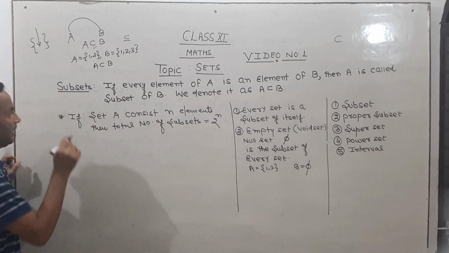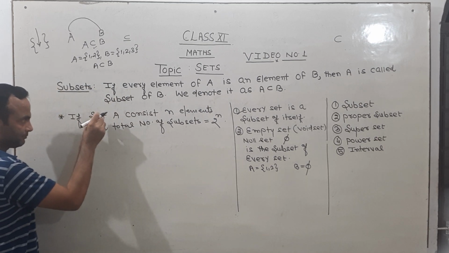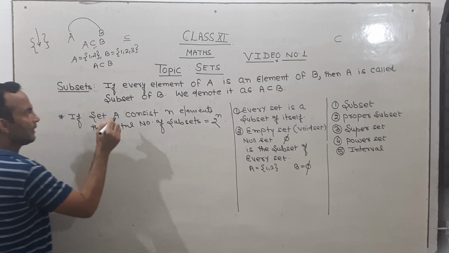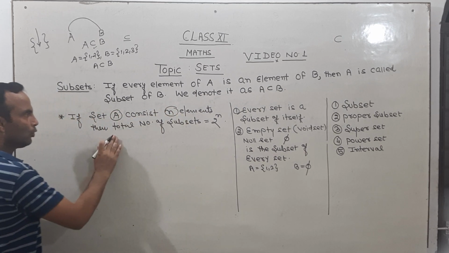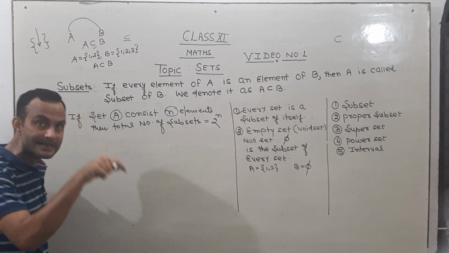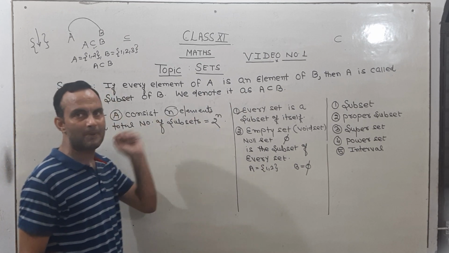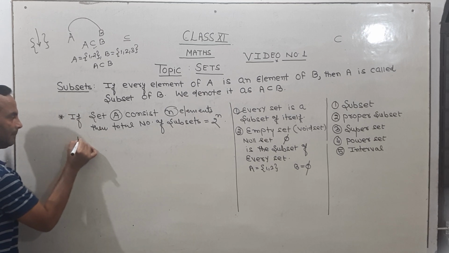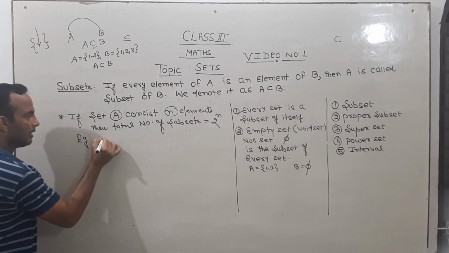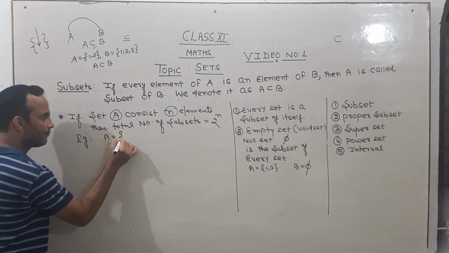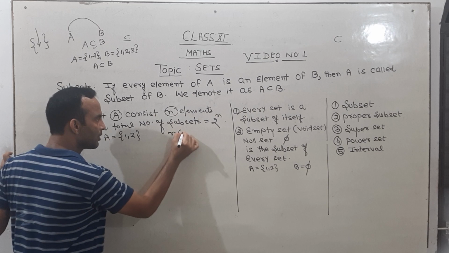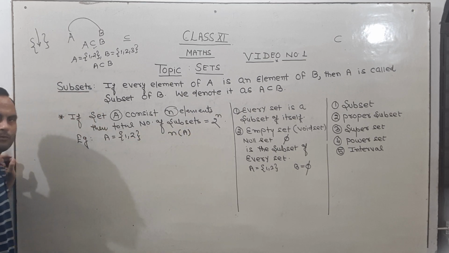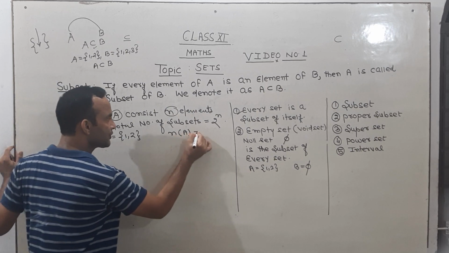Now see, here I have already told you that if a set A consists n elements, then total number of subsets of that set is equal to what? 2 raised to the power n. See the example. Let us suppose that this is set A. Here you can see cardinal number of set A, तो cardinal number means number of elements present in the set is equal to what? 2.